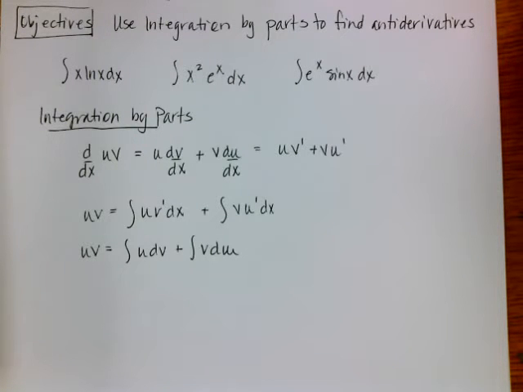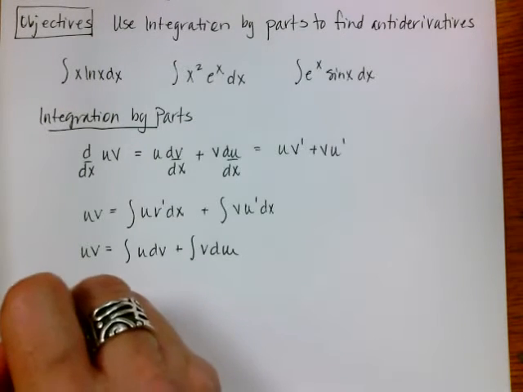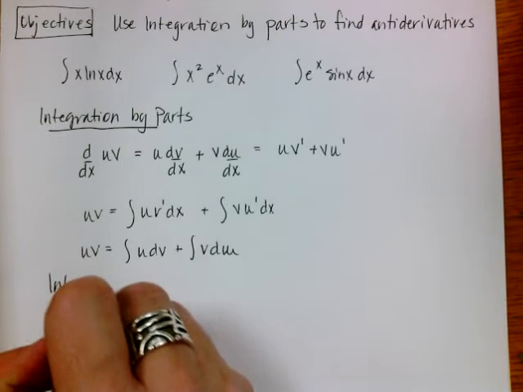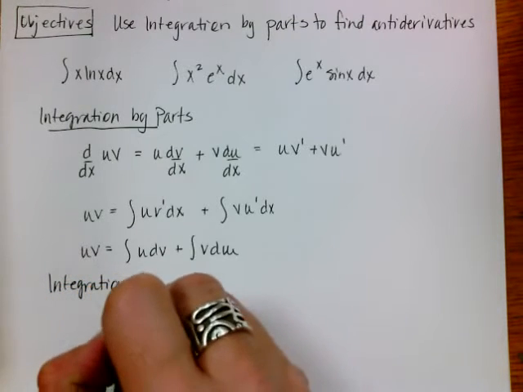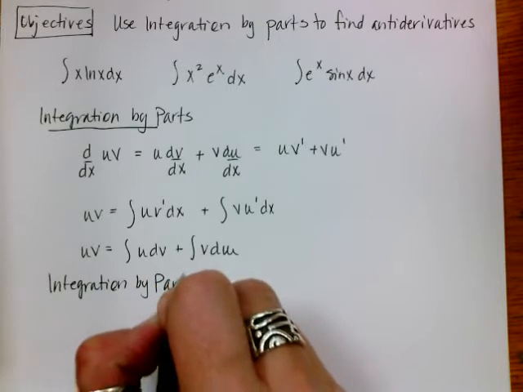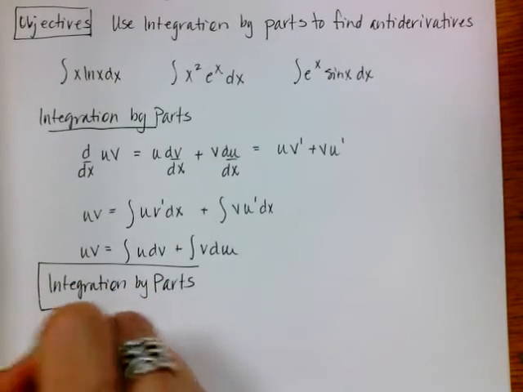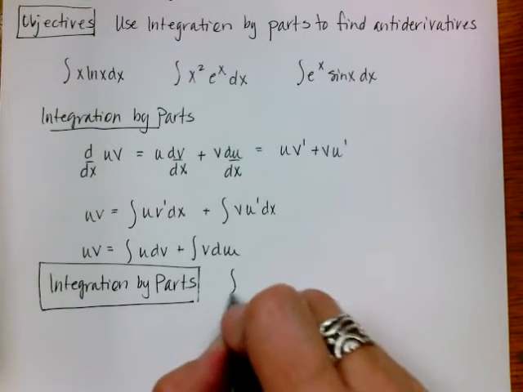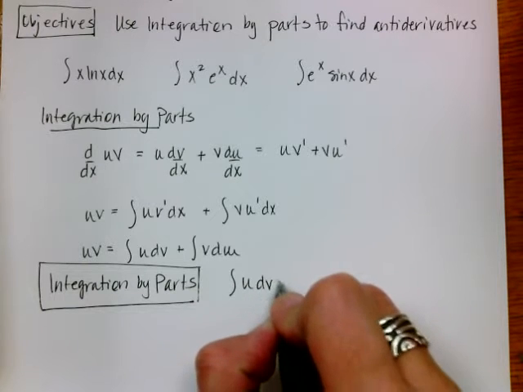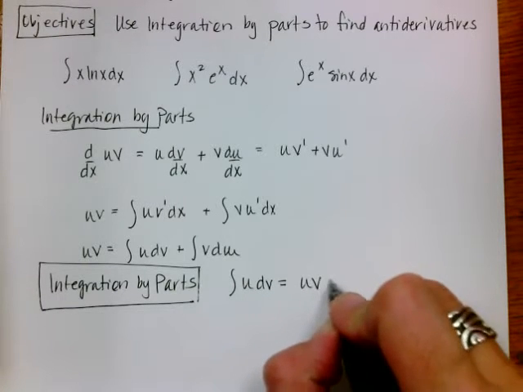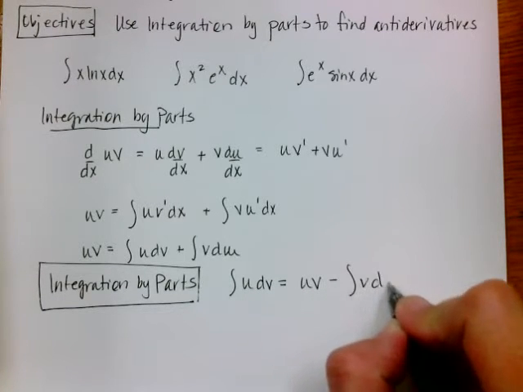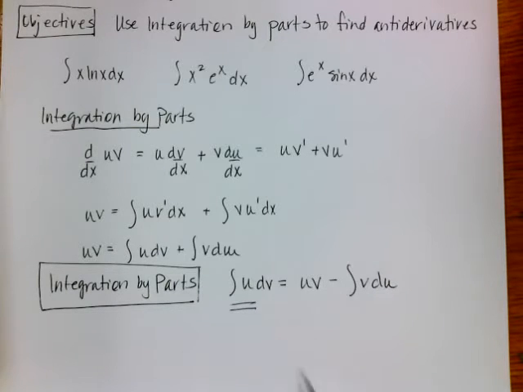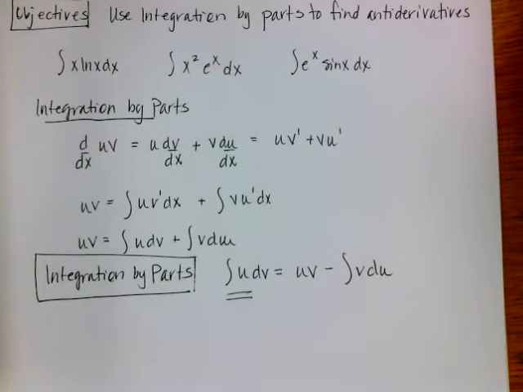So basically I just keep rewriting things. So that's what integration by parts is. And this is the key piece right here: my integral of u dv is going to equal u times v minus the integral of v du. Alrighty, and that's the formula that we're going to use.